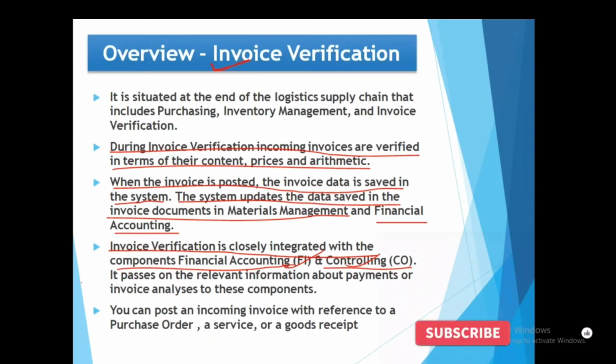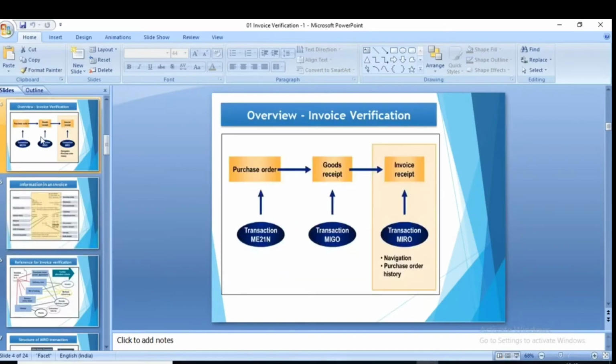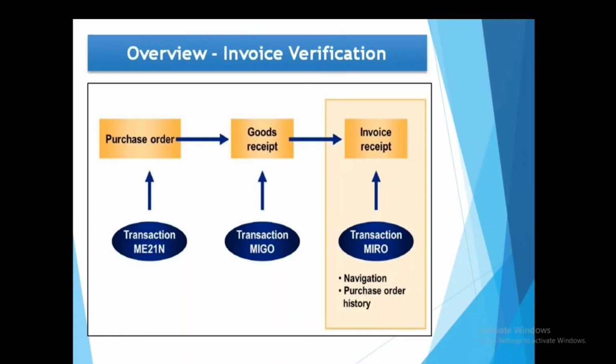Basically, in our purchasing cycle, invoice verification is the last step. We create a purchase order and provide it to the vendor. Against this purchase order, he will supply the material, then we will do the goods receipt. After that, we will do the invoice verification.